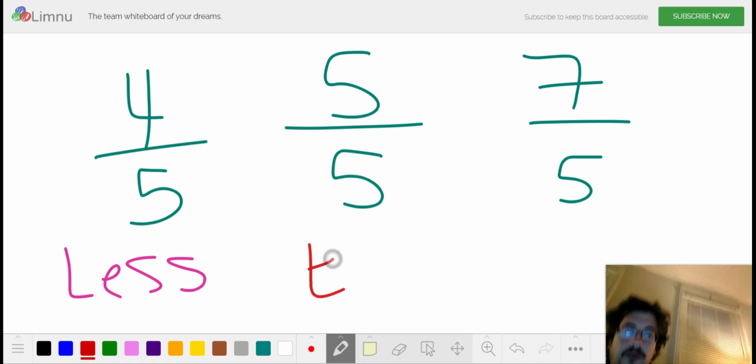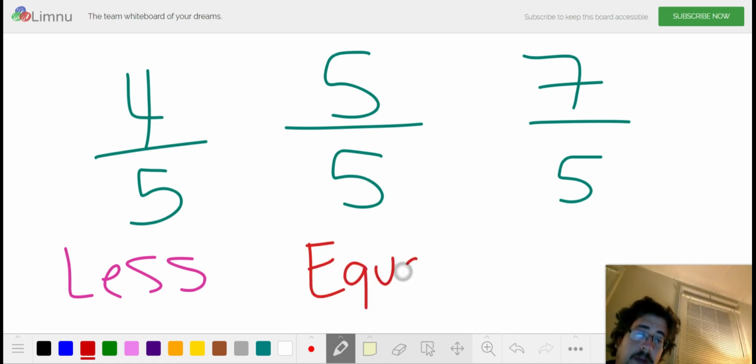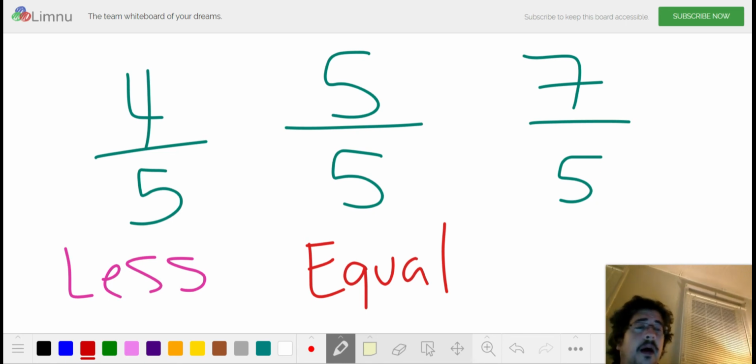5/5 would be equal to 1 because the numerator and the denominator are the same. And remember, we can divide the top by the bottom, the numerator by the denominator, and we would get 5 divided by 5, which equals 1. So that's another reminder that when the numerator and denominator are equal, it's going to equal 1.